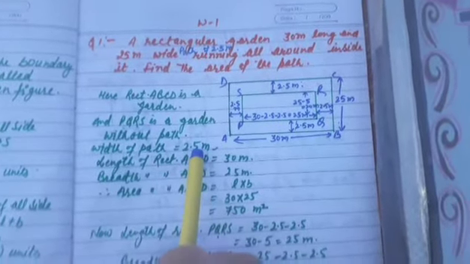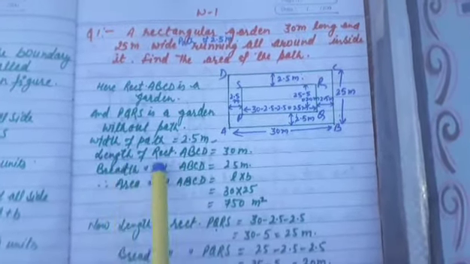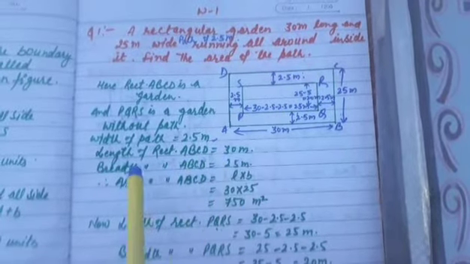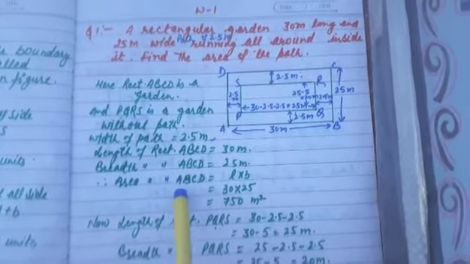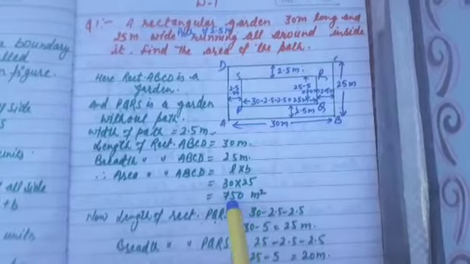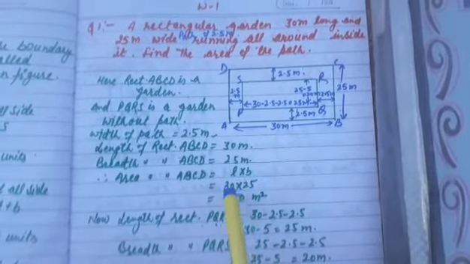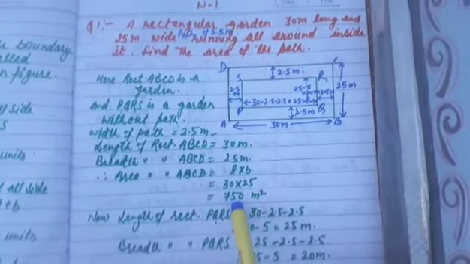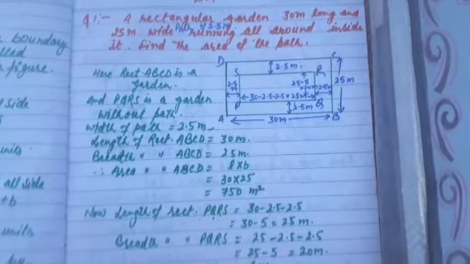The width of the path is 2.5 meter. Therefore, the length of rectangle ABCD is 30 meter and the breadth is 25 meter. Therefore, the area of this rectangular garden is length into breadth, that is 30 into 25, which is equal to 750 meter square.